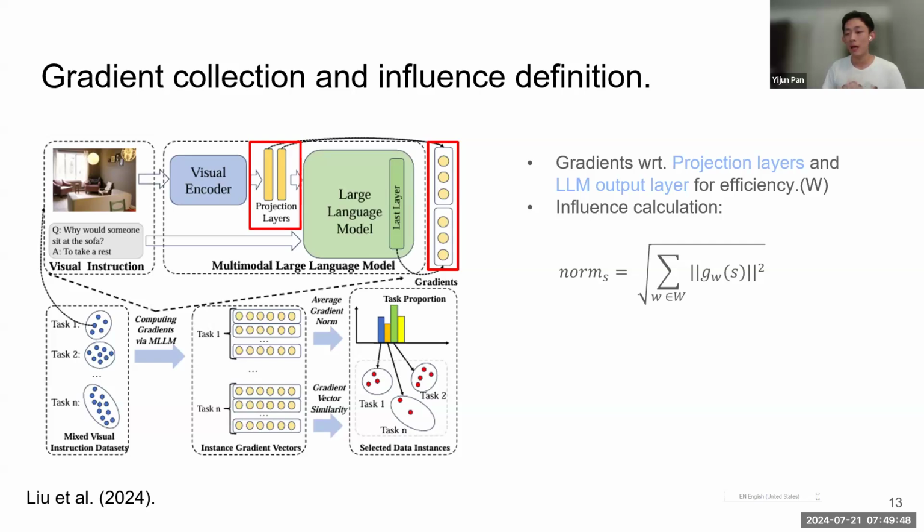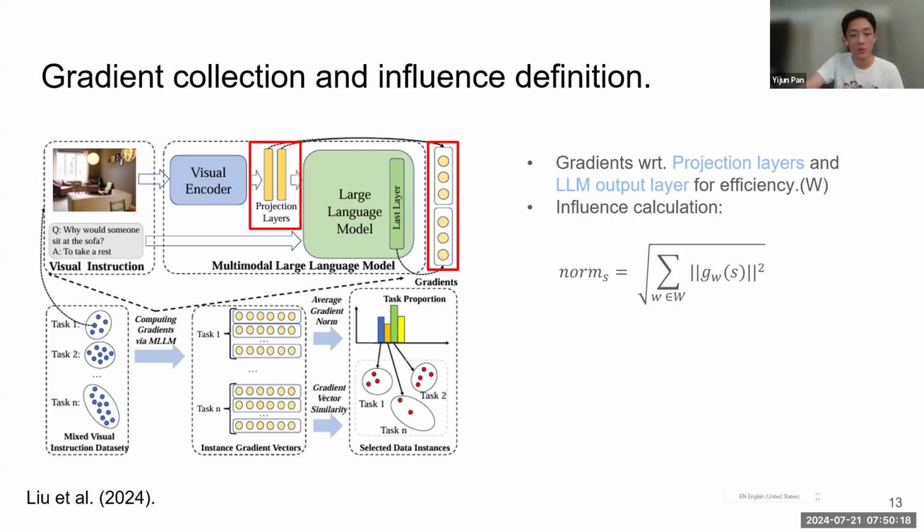But the intuition behind this is that now we are not interested in improving the performance over a certain validation task, but rather we're more interested in the general improvement of model abilities. And thus, data points that shift the model the most will be considered the most influential. And thus, we can define the norm of gradients as the influence.